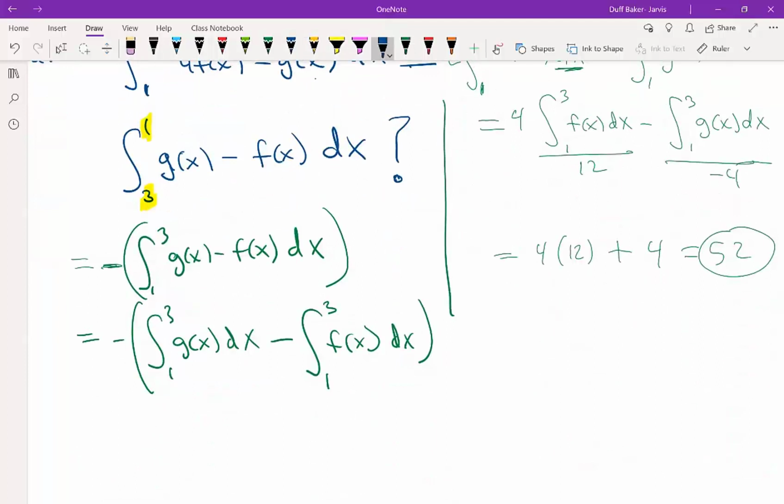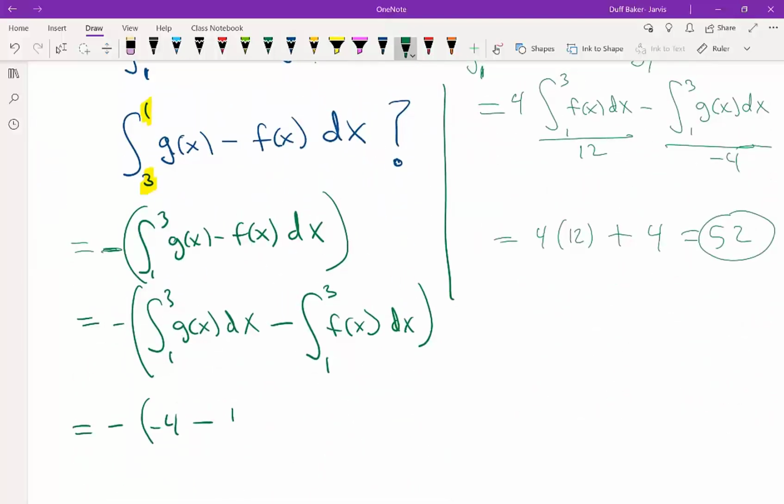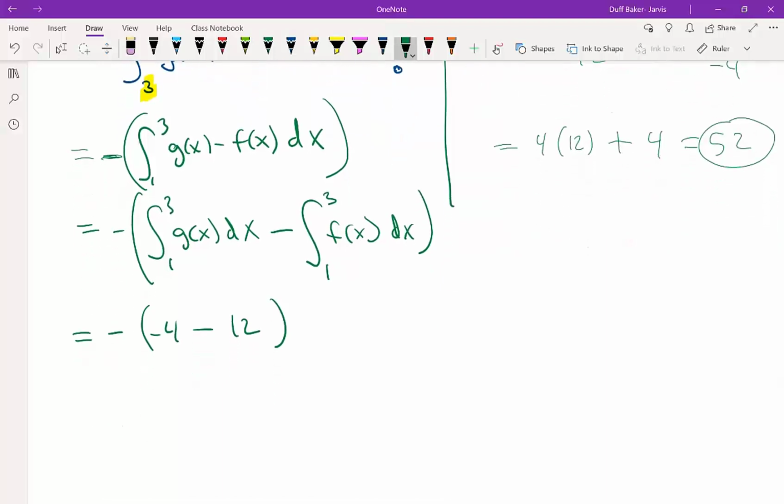So this would be minus 4 minus, or was it negative 4? I can't remember. So you get something like this. So let's see, that would be minus 16. Looks like it would be 16. Okay.